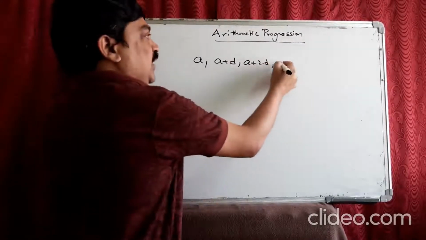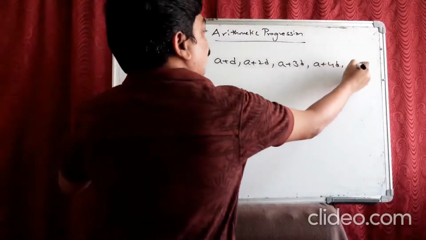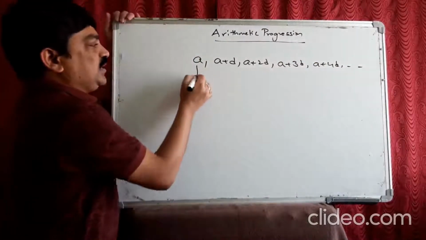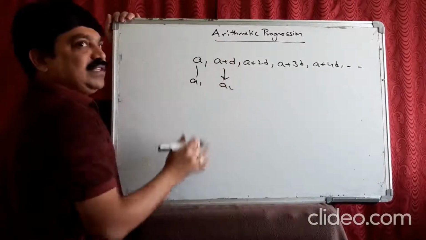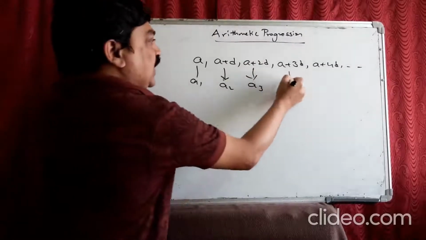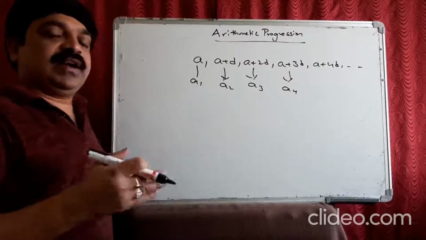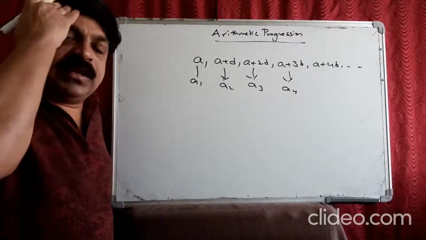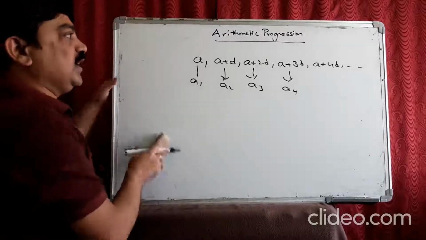The next number will be A plus 3D, the next A plus 4D, like that. So the first term A1 is A, A2 is A plus D, A3 is A plus 2D, A4 is A plus 3D. The nth term you will get in the next exercise. Okay, with this concept we do some problems of the exercise.